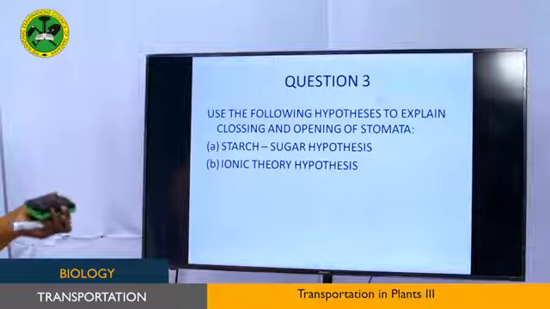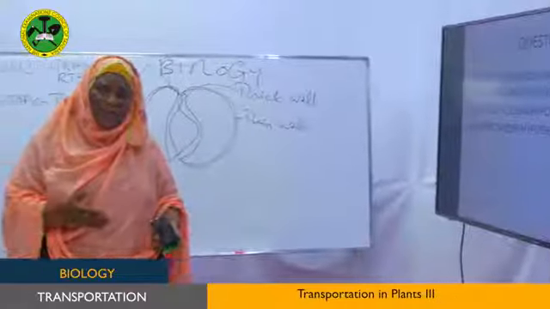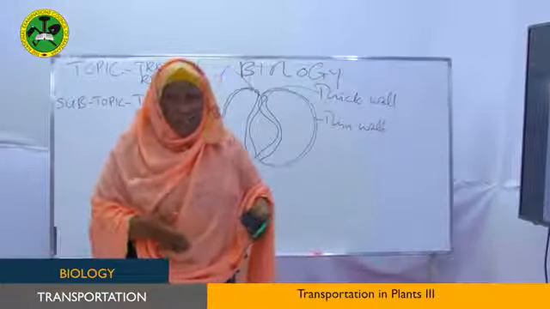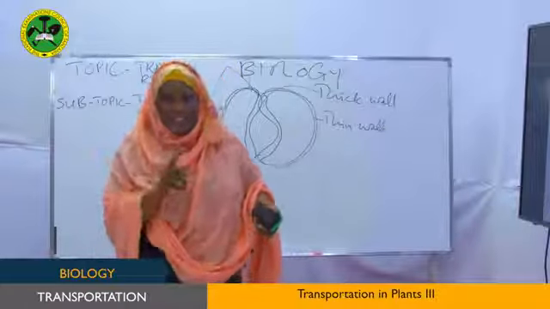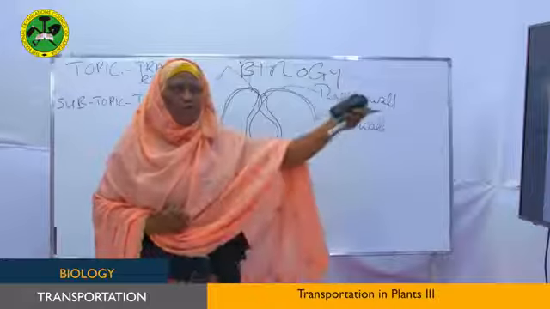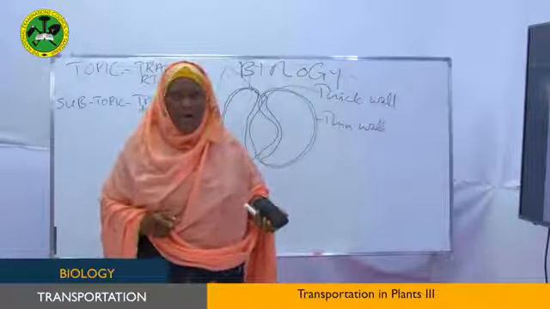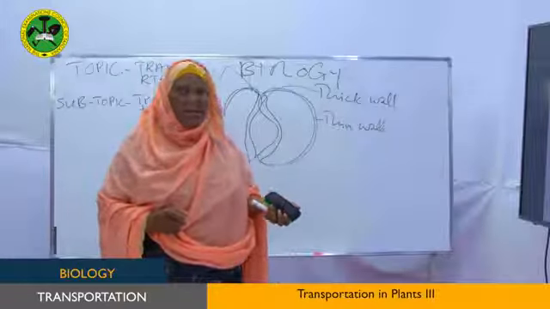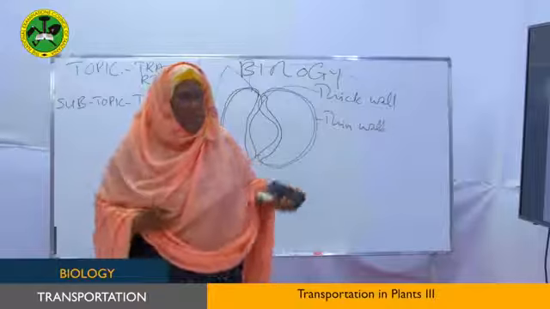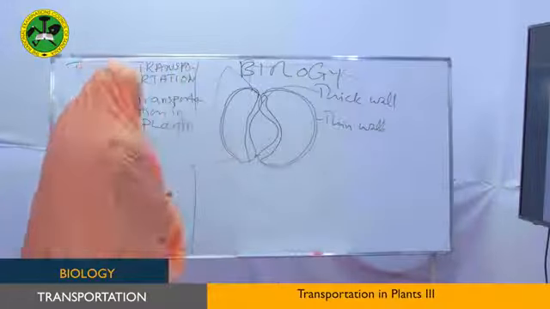There are so many hypotheses which tried to explain how the stoma opens or closes. But in my presentation here, I'm going to tackle only 2 hypotheses. That is the starch-sugar hypothesis and the ionic theory hypothesis. I'm going to start with A, that is the starch-sugar hypothesis.